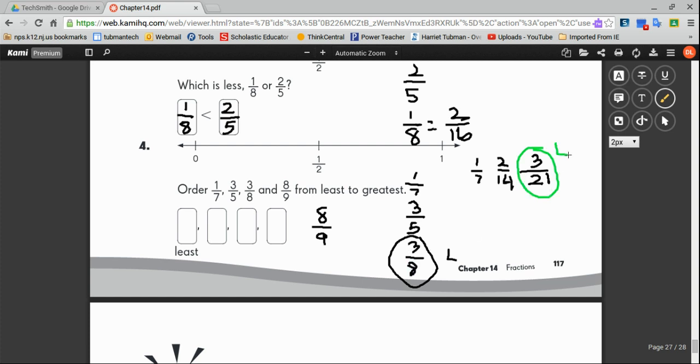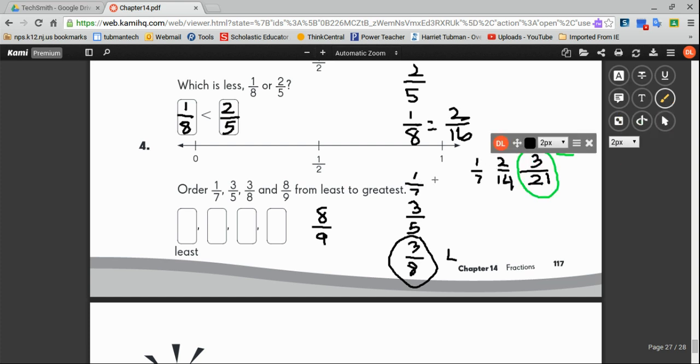So this green one is the least out of all of them so far. Now I want to compare 3/21 to 8/9. Well, I know 8/9 is very close to a whole, 9/9, and 3/21 is not even close to a whole. So I know that this number right here, 1/7, is my least.